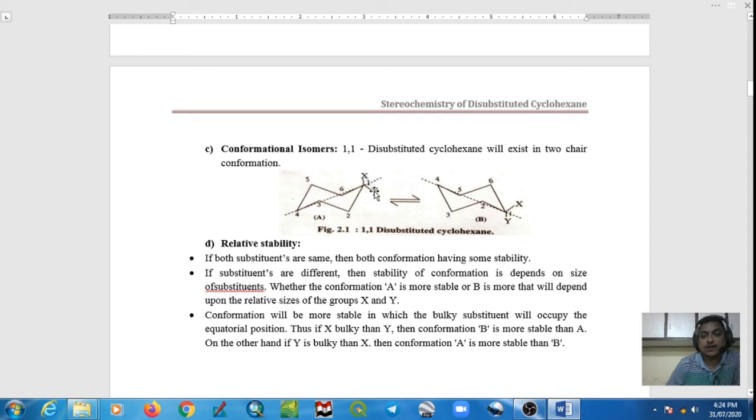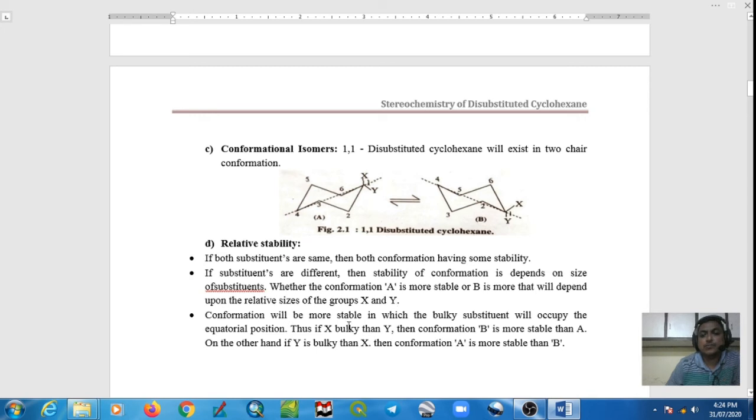If x and y are different, then is A more stable or B more stable? It depends upon the relative size of x and y.